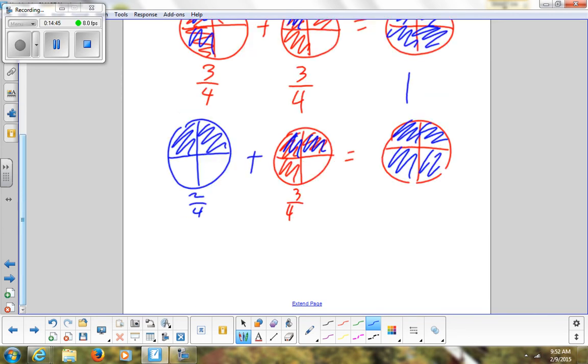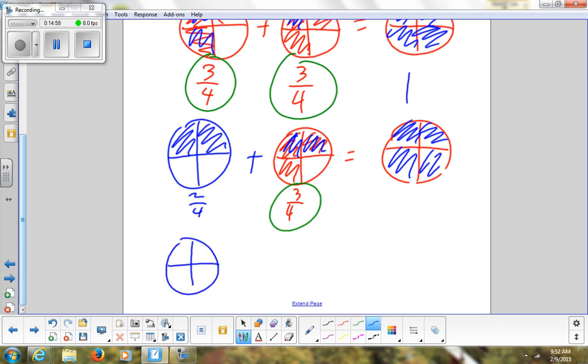Add again. So how many have I bought already? I've bought 1, 2, 3, but I've got to buy another one. 4. So I'm going to take my leftovers from that one, which was 1/4. And then I have to buy another 3/4.